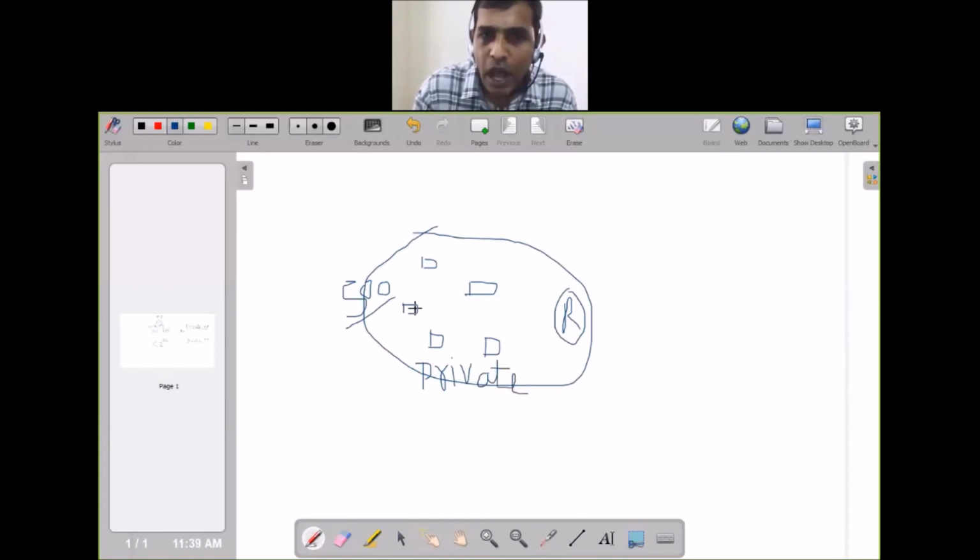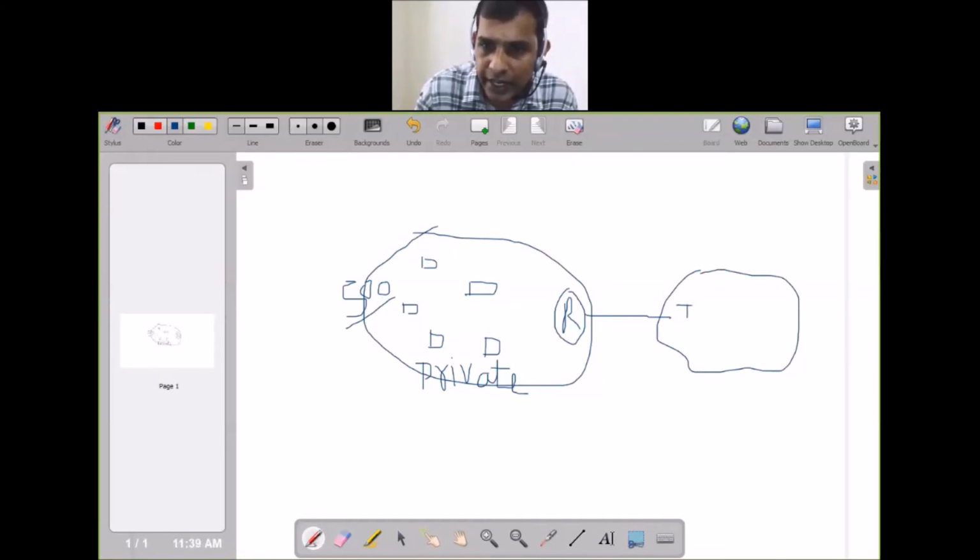Okay, the next point is, I want all the students in my network to connect to the internet. So we want to allow the students to connect to the internet. That means their packets should be sent to the internet.